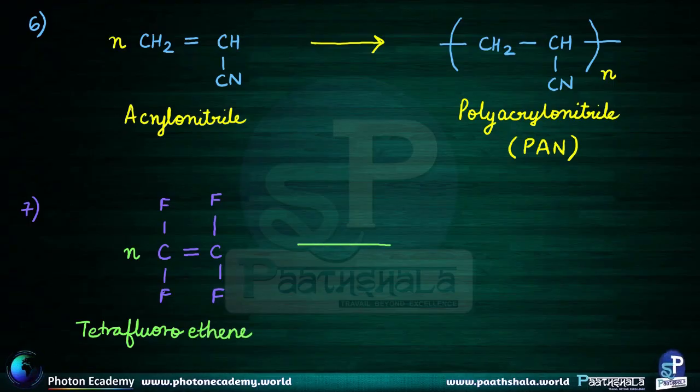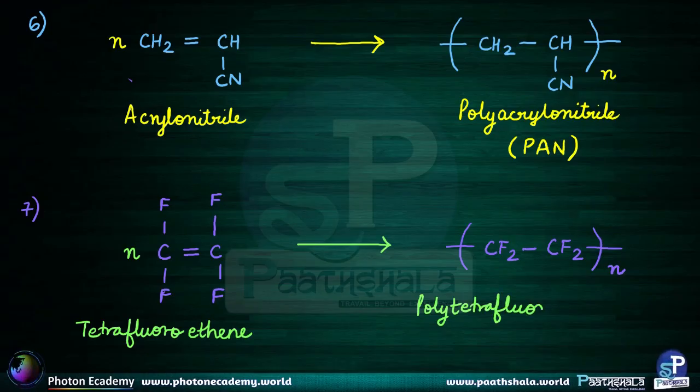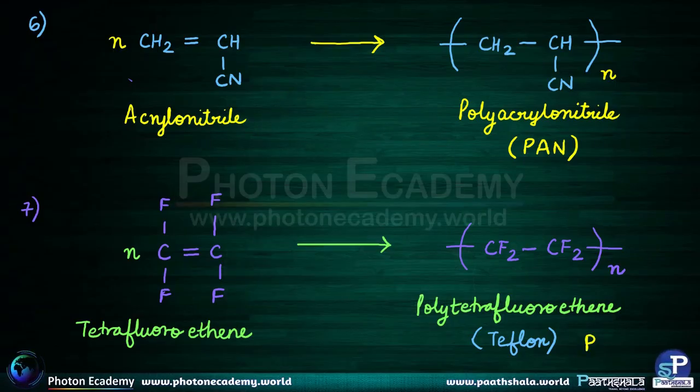Now this on polymerization gives us CF2, a single bond CF2, and n units of this, and we call this polytetrafluoroethene, and this is commonly known as Teflon, which you might have heard. Also, the P refers to poly, T refers to tetrafluoroethene, also known as PTFE.